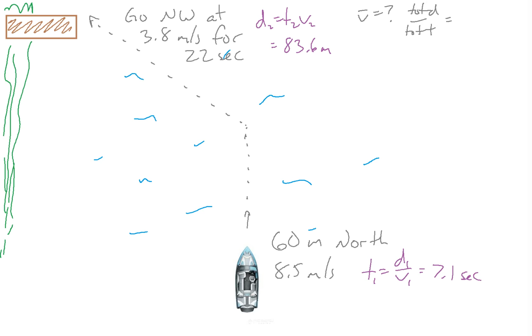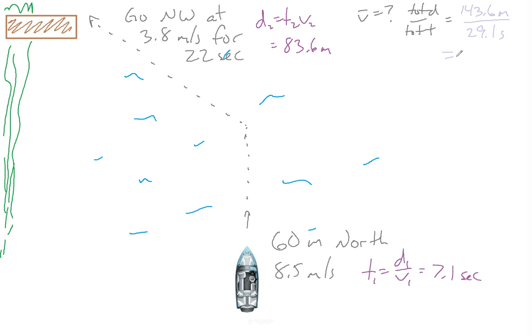My total distance: I'll take that 83.6 and add it to my 60, which gives me a total distance of 143.6 meters. For my total time, I've got the 22 seconds and I found the 7.1, so put them together, and I got 29.1 seconds altogether.